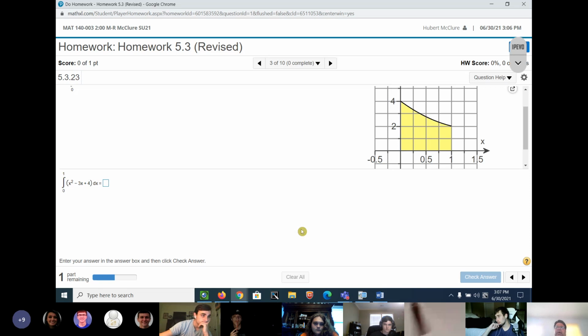Riemann was doing it by geometry, and then came along Isaac Newton and all these other people that said, why don't you get that rectangle down to the width of a hair? Then there would not be any error. That's when they started saying, let's get the distance, delta x, down to 0, and that's when they started coming up with calculus.